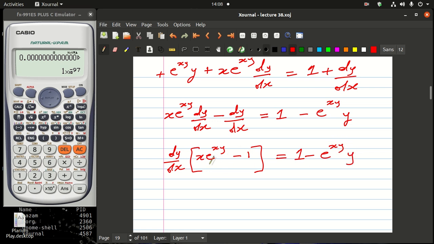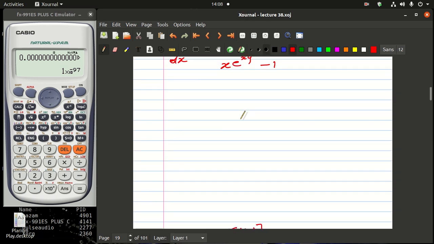I divide on both sides by this, and I'm left with dy dx, which is just the same as 1 minus e raised to xy times y divided by x e raised to xy minus 1. So that is what we end up with when it comes to number 3. Hope you are following here.